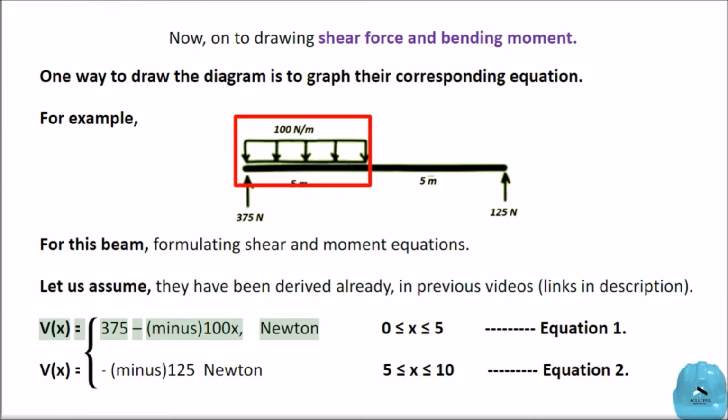V(x) equals 375 minus 100x Newton, 0 ≤ x ≤ 5. Equation 1. V(x) equals minus 125 Newton, 5 ≤ x ≤ 10. Equation 2.